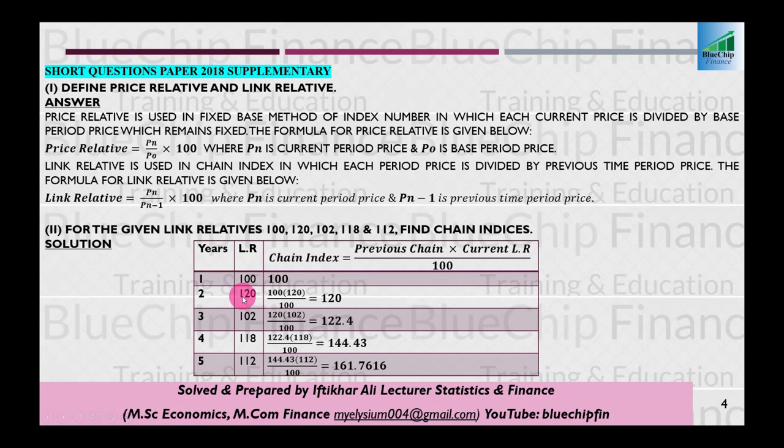After that, for second time period, now this formula will be applied from here. Your previous chain is 100 multiplied by current link relative 120 divided by 100. So chain index is 120. For third year, your previous chain is 120 multiplied by current link relative 102 divided by 100 equals 122.4.